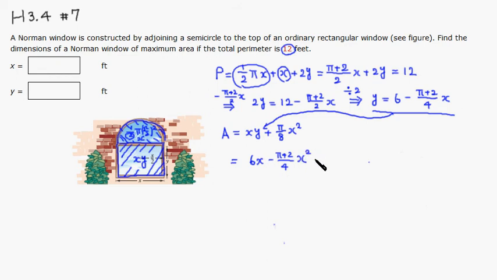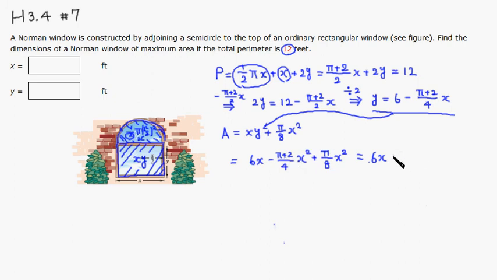Then you are adding pi over 8 x squared. This can be simplified too. So, 6x. This is going to be negative (2 pi plus 4) over 8. So we're adding pi over 8.